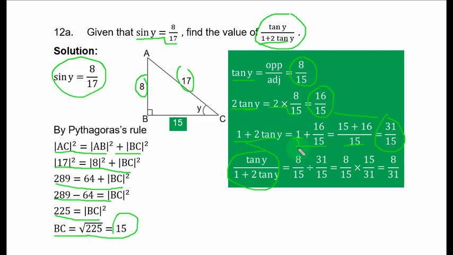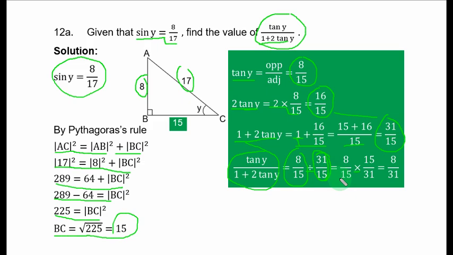Now the numerator is 8 over 15. Because both parts are fractional, let's use division sign in place of division line, and you have the denominator 31 over 15. And as you know, anytime you are dividing fractions, division sign changes to multiplication, and the fraction at the right side of the sign is inverted.